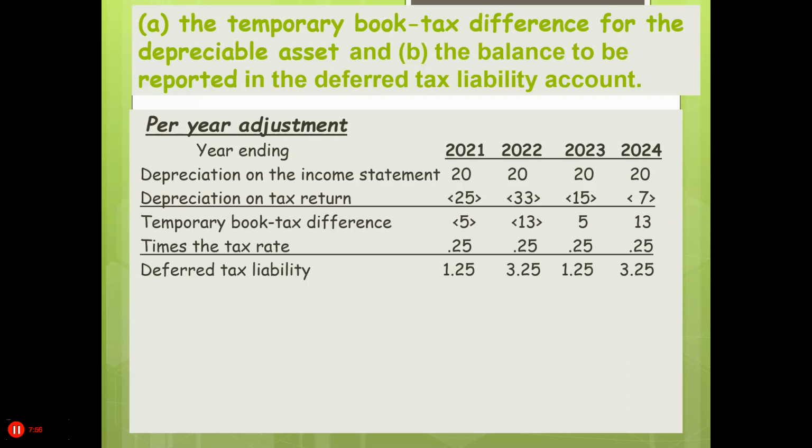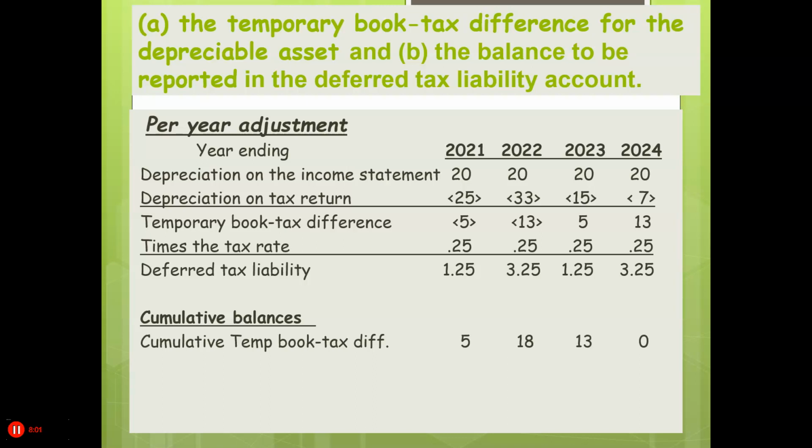and that tells you what the deferred tax liability is for each year. Now what about the cumulative balance? Cumulative temporary book minus tax difference. Cumulative deferred tax liability. Oh, and that's our totals right there. So how do we get that?